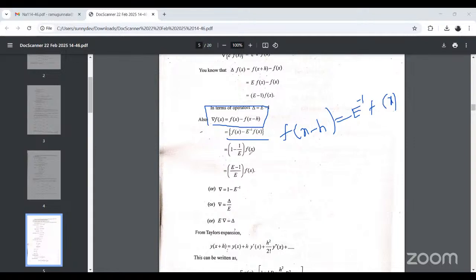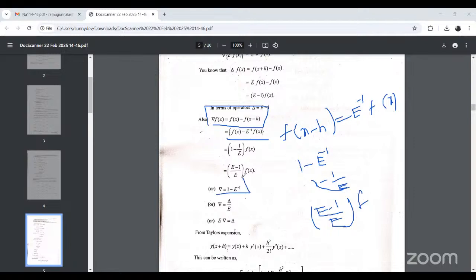Let's take f of x common. That becomes 1 minus e power of minus 1, that we can take 1 by e. So that is e minus 1 by e into f of x.